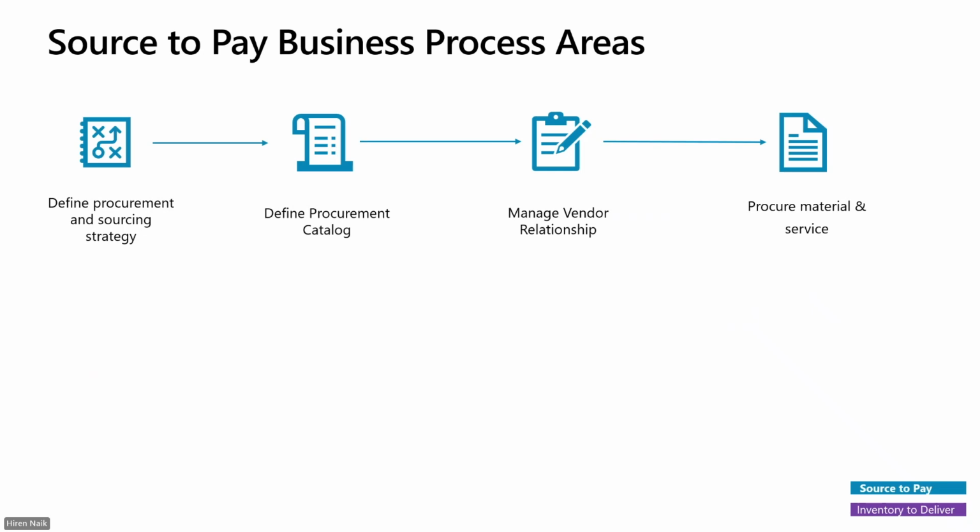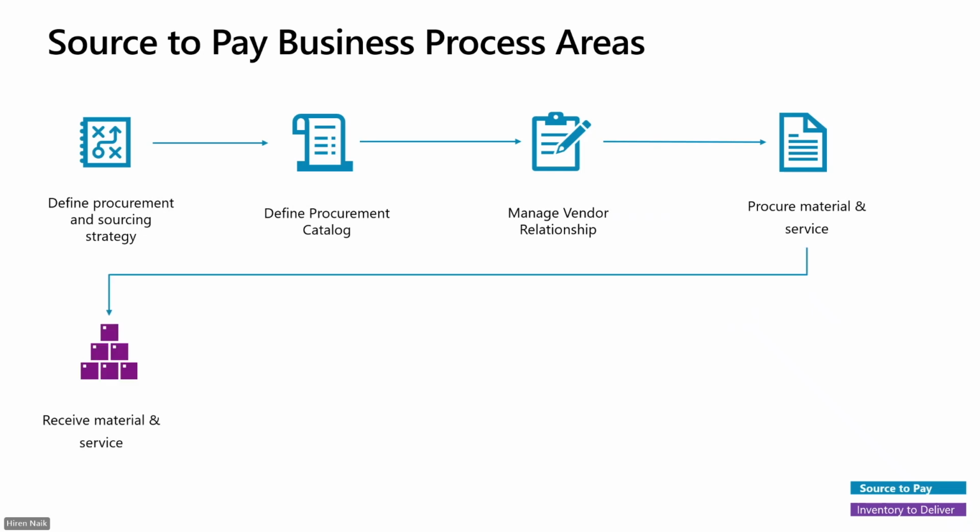It also includes communication with the vendor about the purchase, either manually, electronically, including EDI, or using a portal such as the vendor collaboration portal. The purchase orders may also come from other business process areas, such as project profit or plant produce.